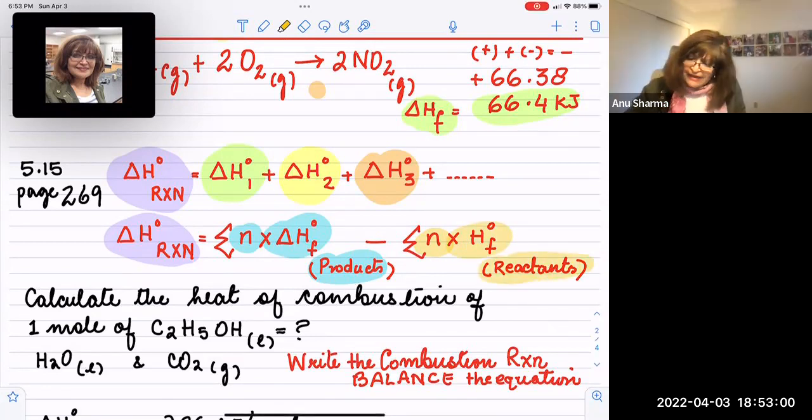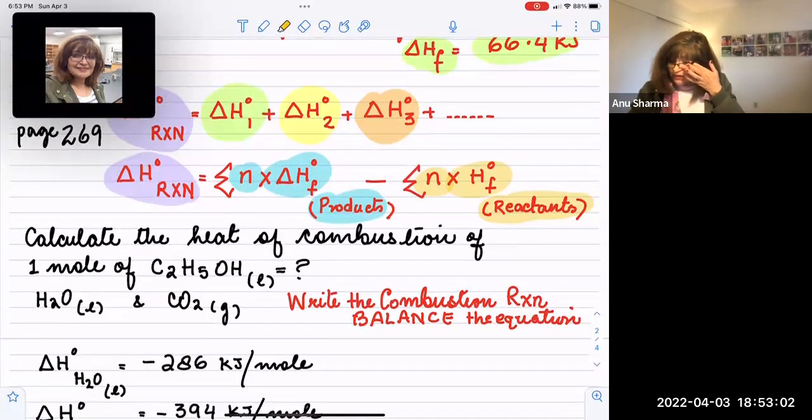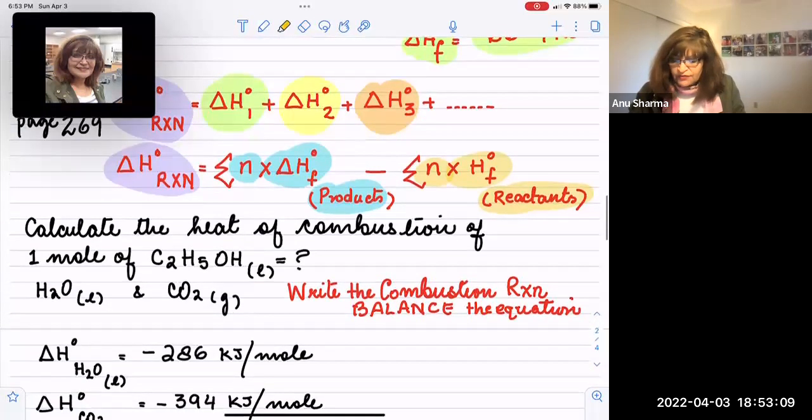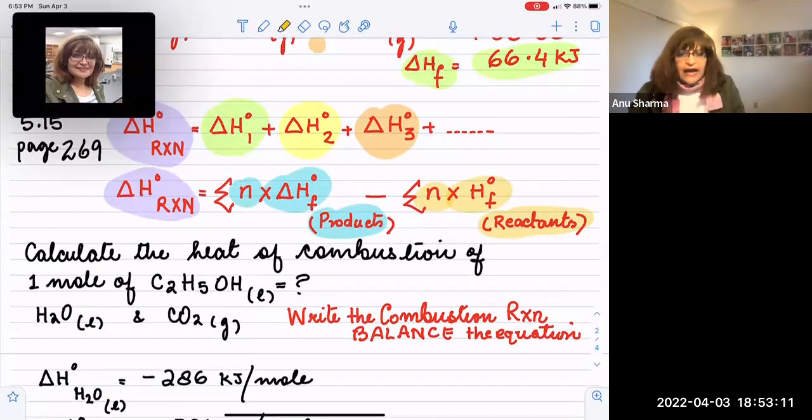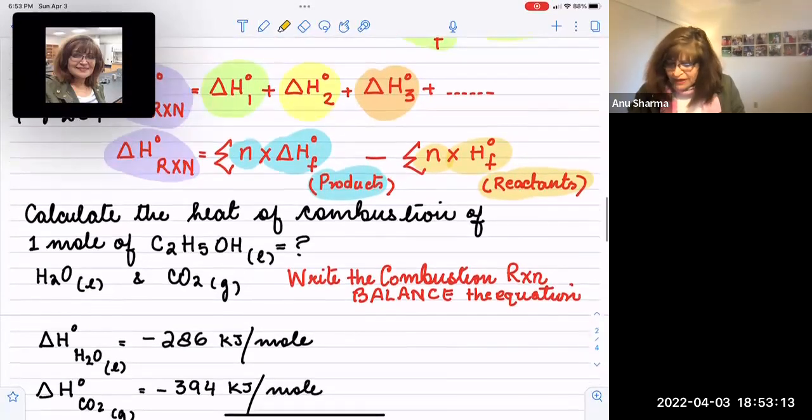So if you multiply these moles by the heats of formation of the products and the reactants and subtract them, you get the heat of the reaction. The first one is just adding, so we can leave that, but let's look at the second one.